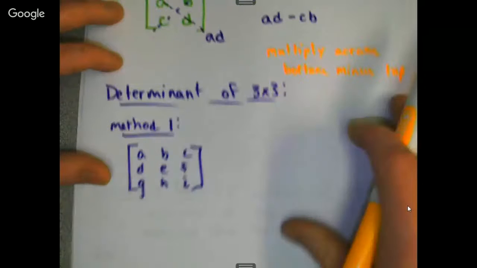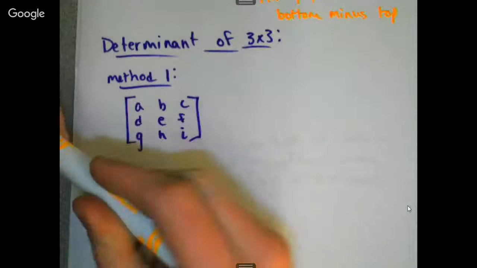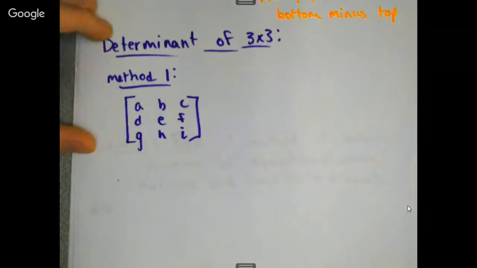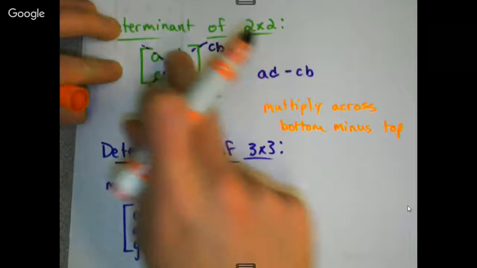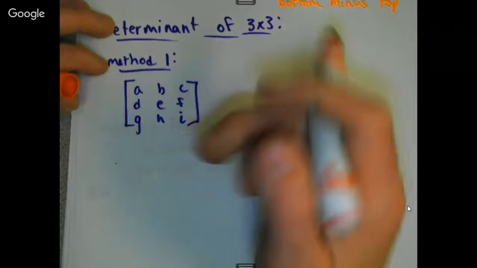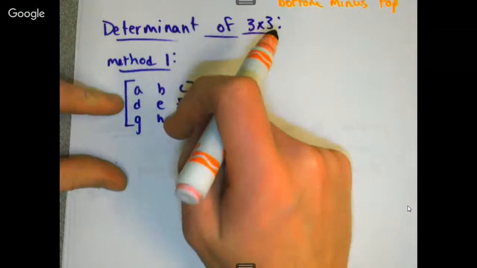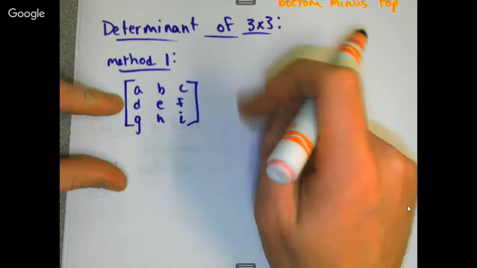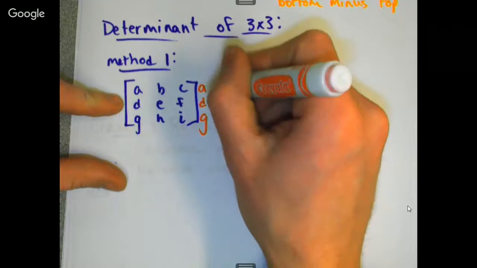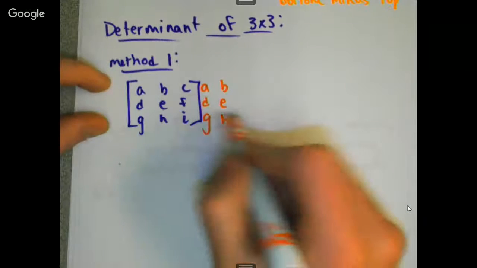For 3 by 3, we actually have two different methods. So I'll teach you the method I like best first, which goes back to this kind of cross multiplying, bottom minus top thing. The first thing we need to do is take the first two columns and repeat them after this. So I'll again have A, D, G, B, E, H. Okay, so now I have a much larger matrix.